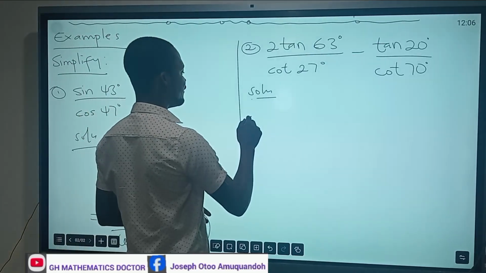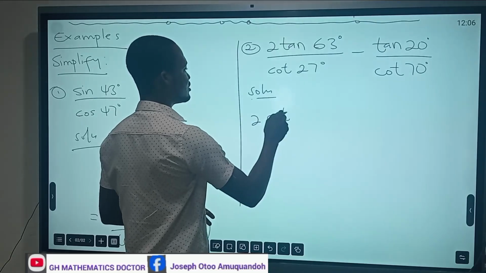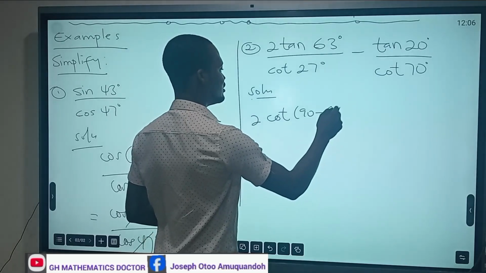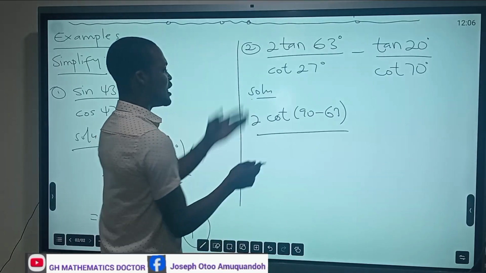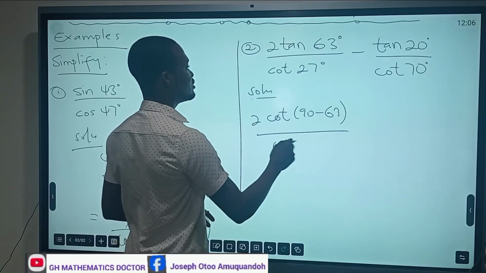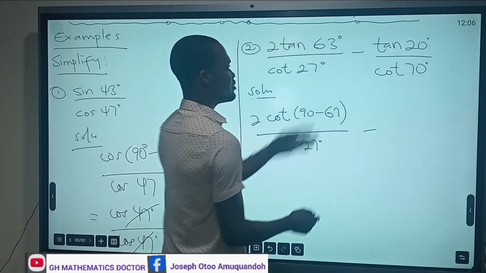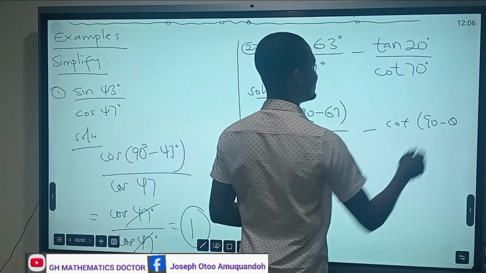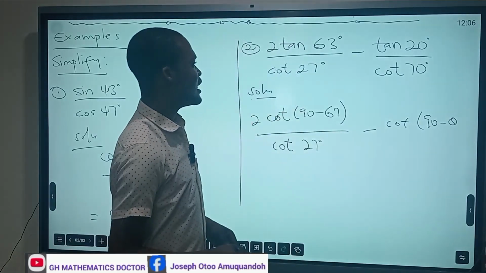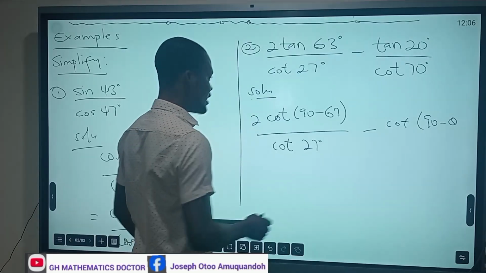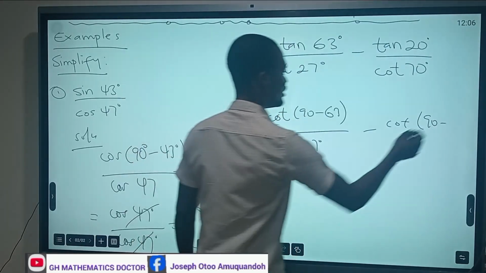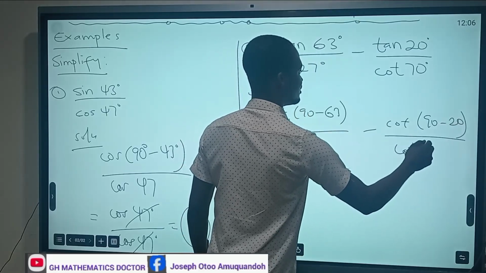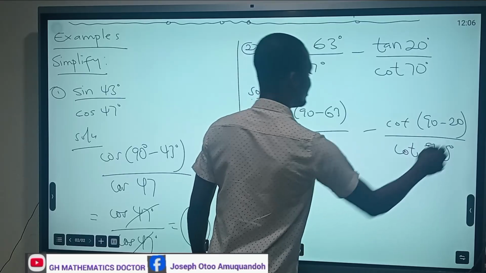So I have 2 cot 90 minus theta, and theta is the known angle there, which is 63, over cot 27 degrees, minus the same here, cot 90 minus theta, where theta is 20, over cot 70 degrees.